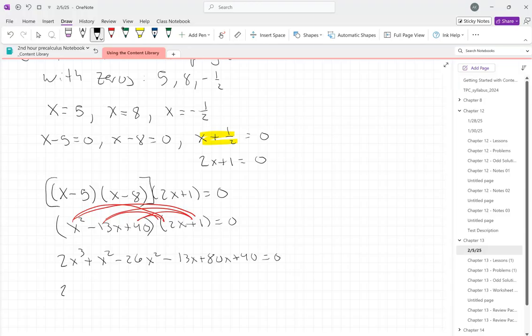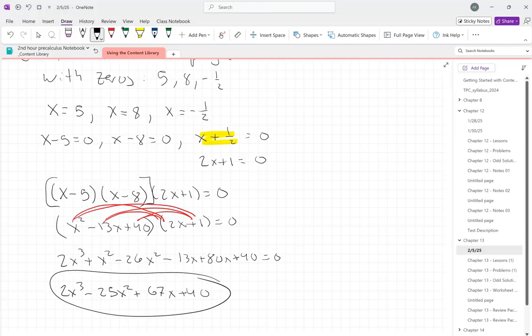And then if I just combine my like terms, that's the cubic polynomial I'm looking for.